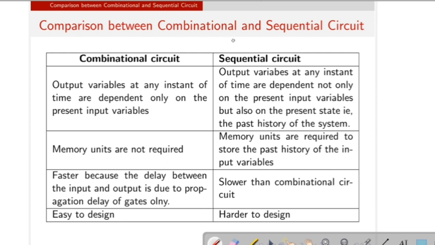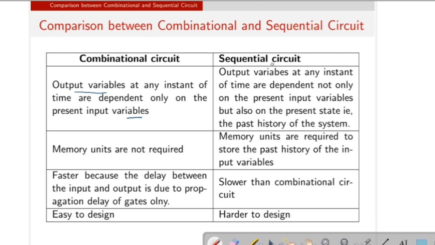So what is the difference between the combinational circuit and the sequential circuit? We have already studied combinational circuits. In the combinational circuit, the output variables depend only on the input variables. Okay. So when you apply the input, based on that input it generates the output.